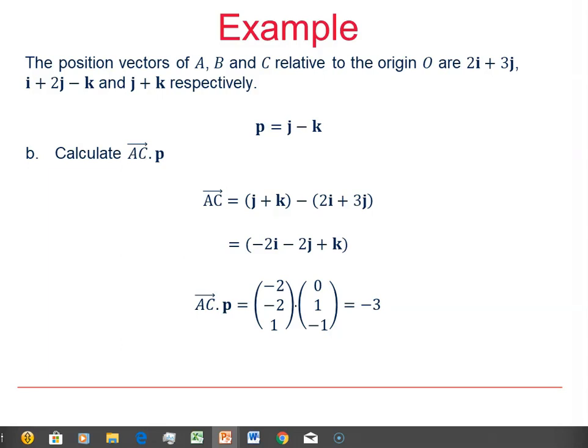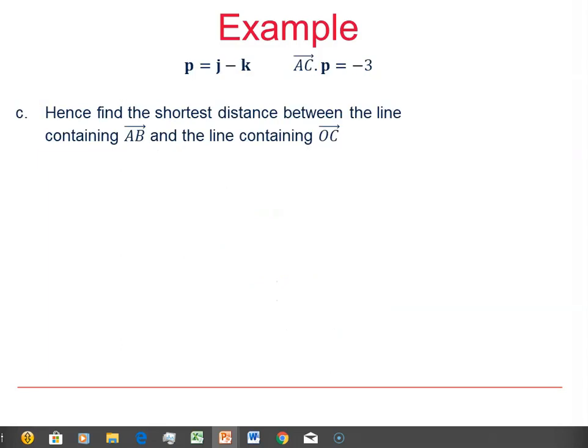Now the final part of the question asks us to use what we've done so far, hence find the shortest distance between the line containing AB and OC. So before I do that, just a recap of what we've done. We found the line AB and the line OC.